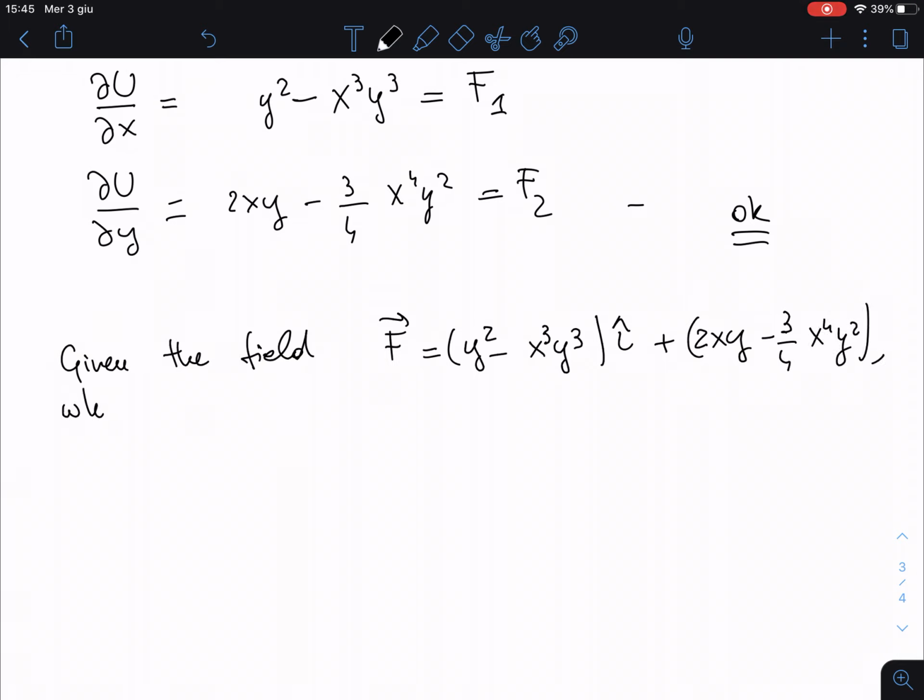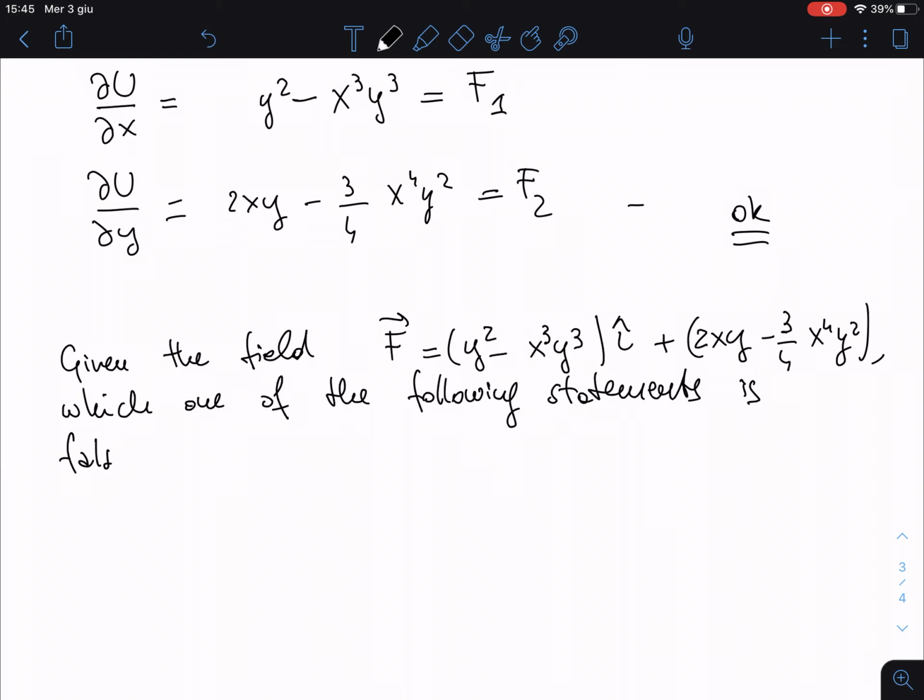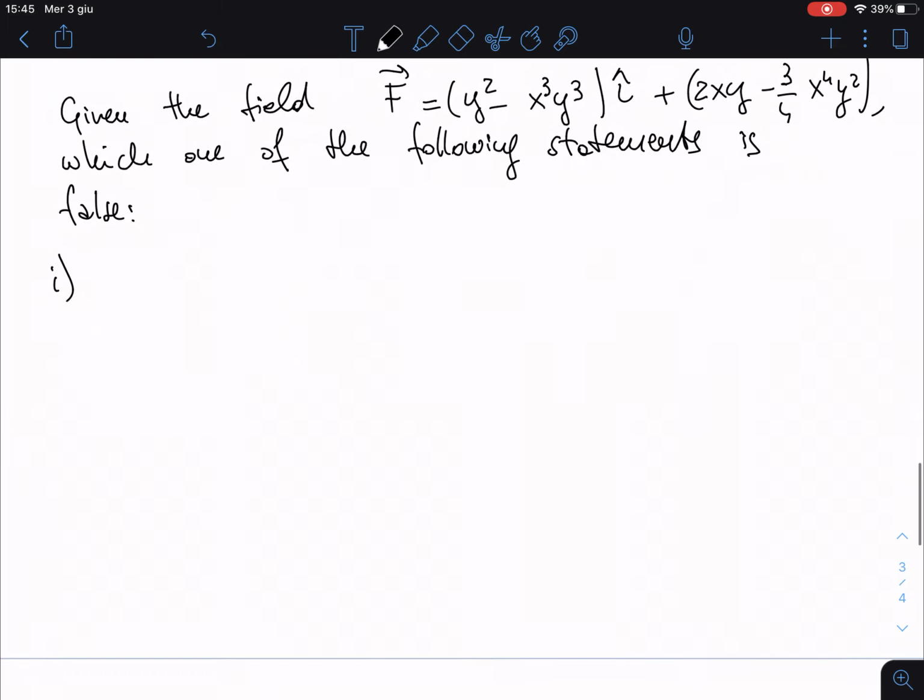So, for instance, which one of the following statements is false? Here you have a first, f is irrotational.